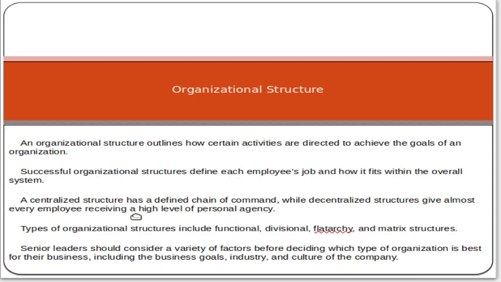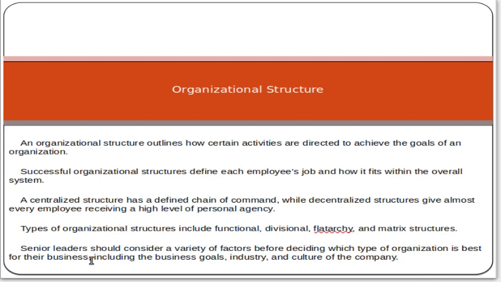A centralized structure has a defined chain of command, while decentralized structures give almost every employee a high level of personal agency. Types of organizational structure include functional, divisional, flat, and matrix organizations. Senior leaders should consider a variety of factors before deciding which type of organization is best for their business.